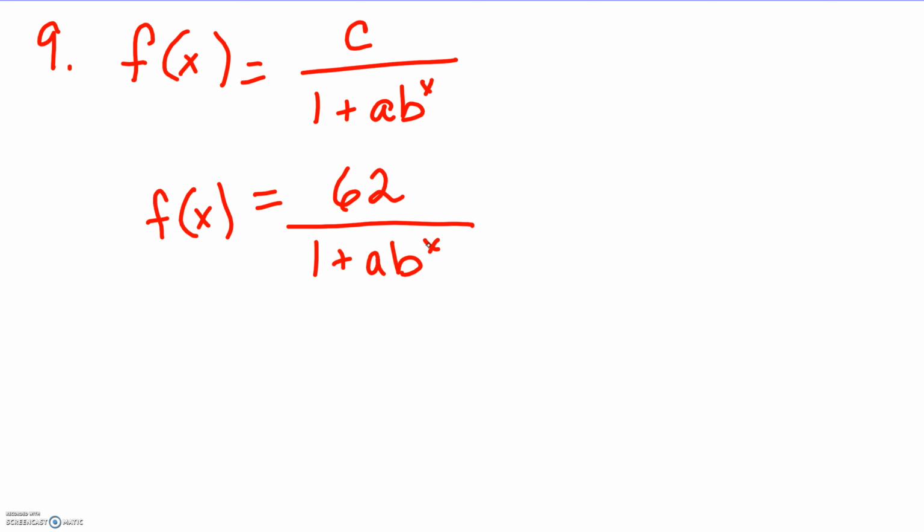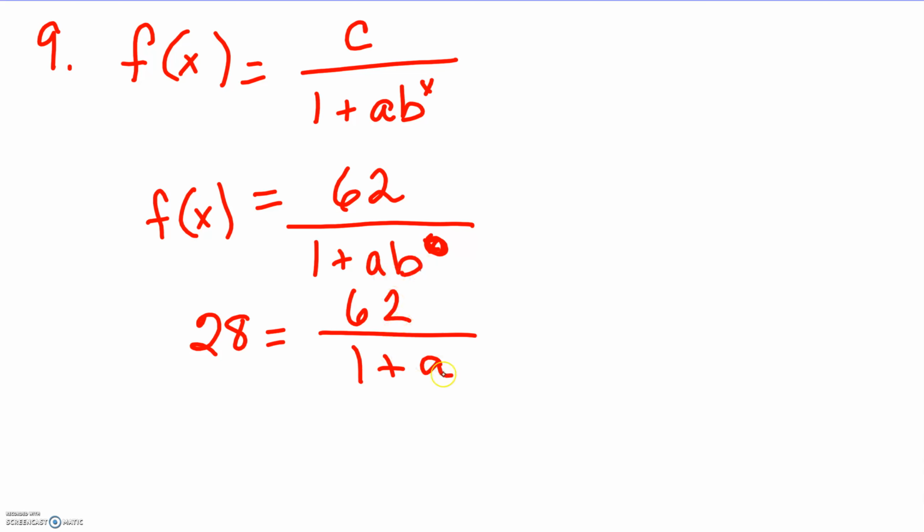The other thing they tell us is that the initial value is 28. So that means when x is 0, when no time has passed, f of x is 28. So I can put in 28 for f of x and 0 in for x. But I know that anything to the 0 is 1, so really this b to the 0 is just equal to 1.